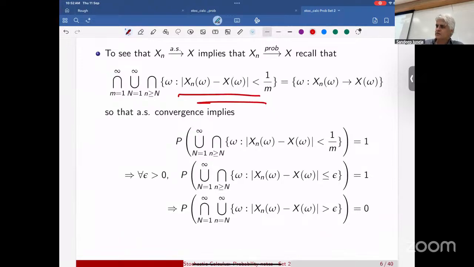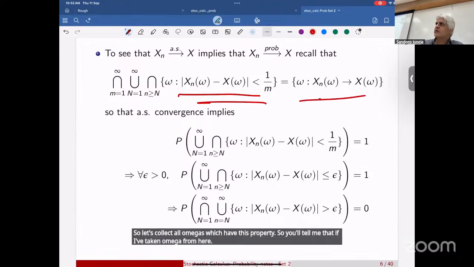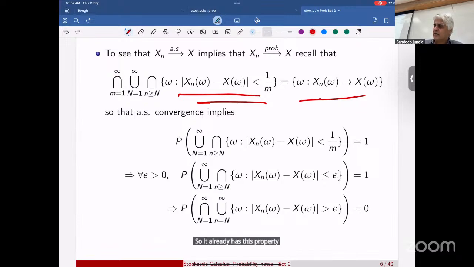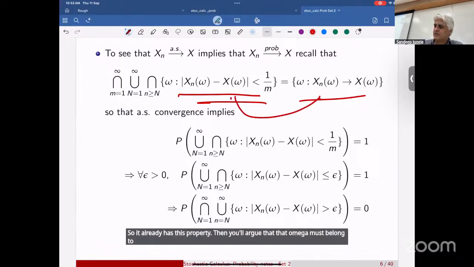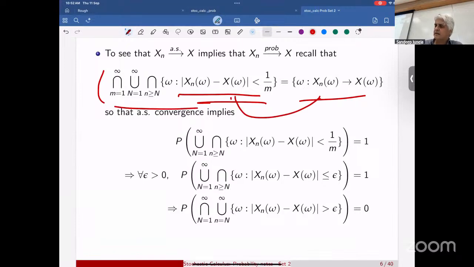Right. So let's collect all omegas which have this property. If I've taken omega from here, so it already has this property, then you'll argue that that omega must belong to this whole complete set. And if I give you an omega which belongs to this complete set, you'll have to argue that that omega also belongs to this set right here.